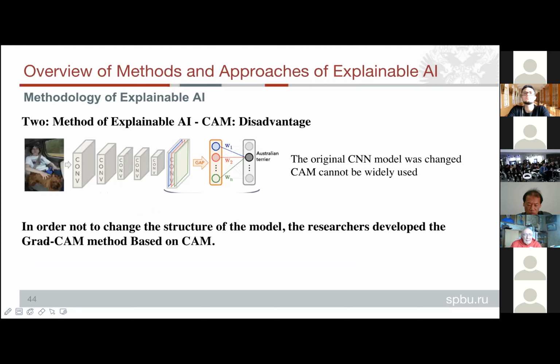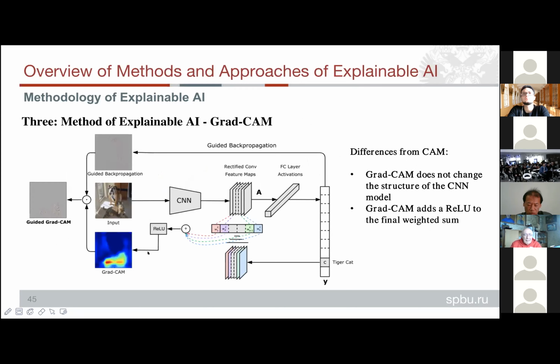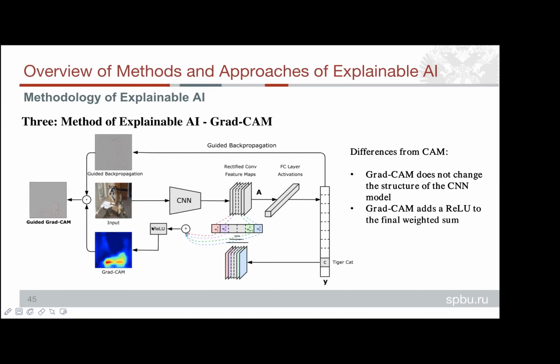In order to not change the structure of the model, the researchers developed the Grad-CAM method based on CAM. And this third method of explainable AI in this report is called Grad-CAM. The structure of the CNN is not changed, and the value is added to the final weighted sum.